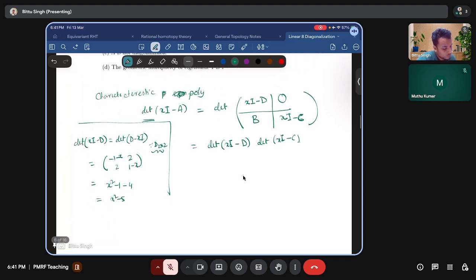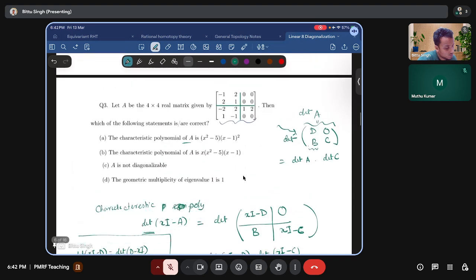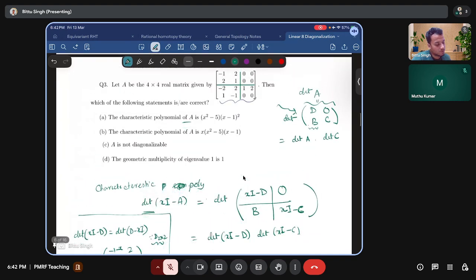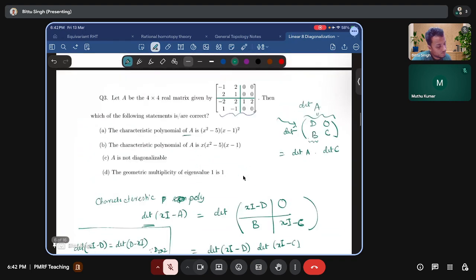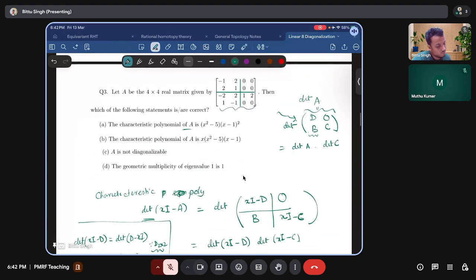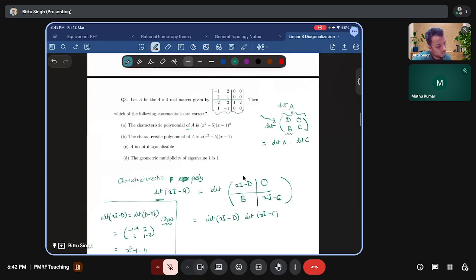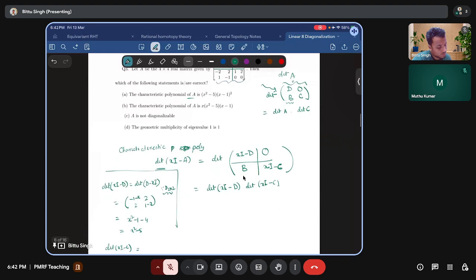And similarly, the determinant of xi minus C, where C is this matrix 1, 2, 0, 0, which is again upper triangular. So it will become 1 minus x times minus x.